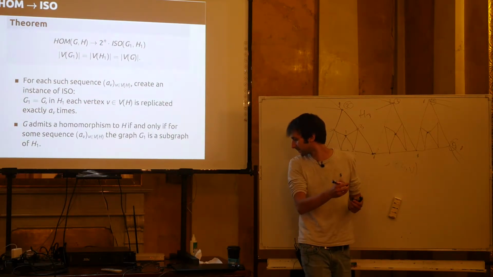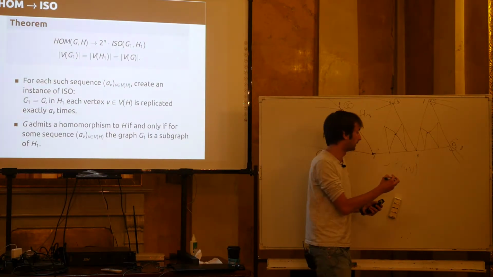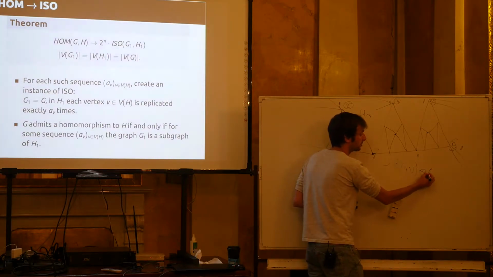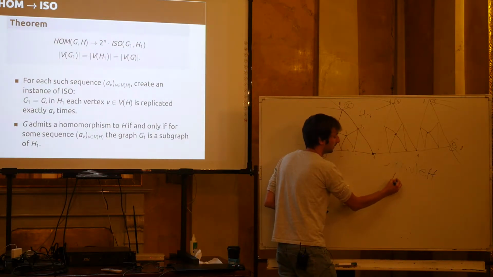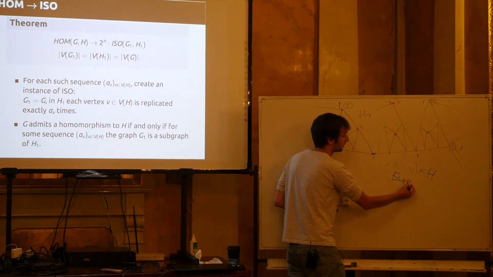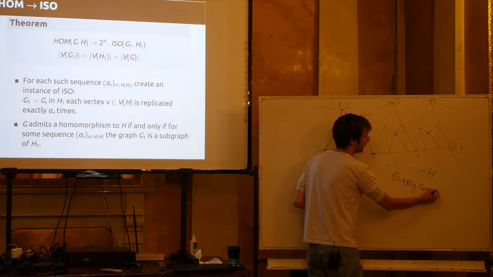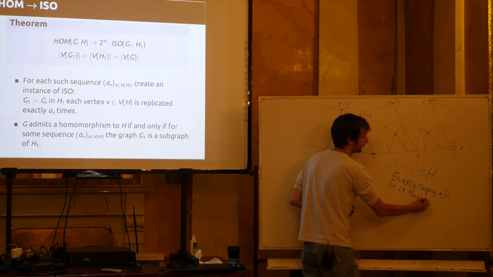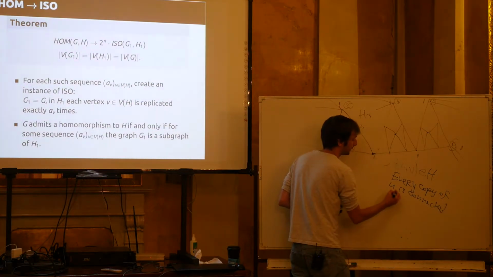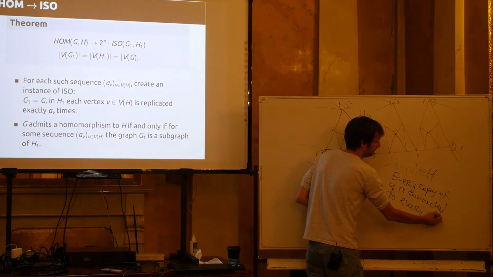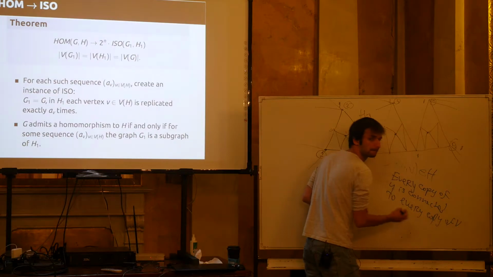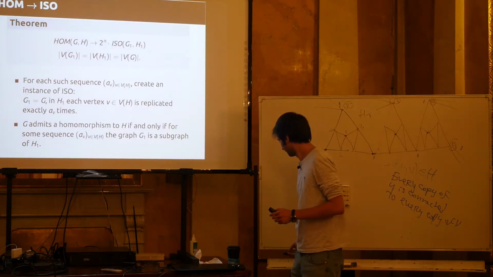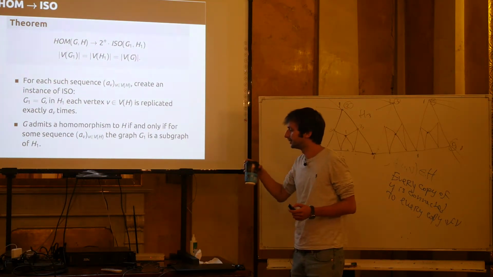If UV was an edge in H, then every copy of U is connected to every copy of V. Okay, that's what I mean by replication here.